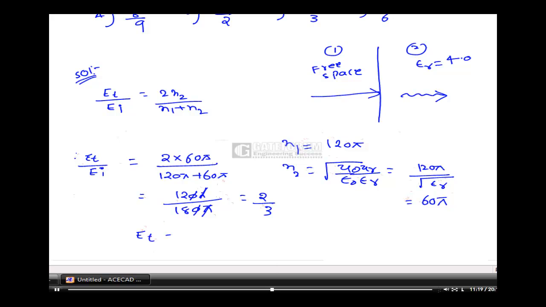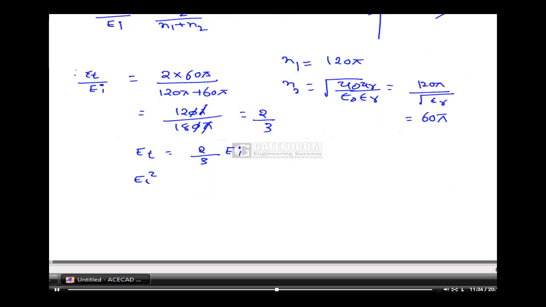Therefore, Et is equal to 2 by 3 Ei. This is the transmitted electric field magnitude, but they are asking for the percentage of power transmitted into the medium. So then what I am doing: Et square is equal to 4 by 9 Ei square.